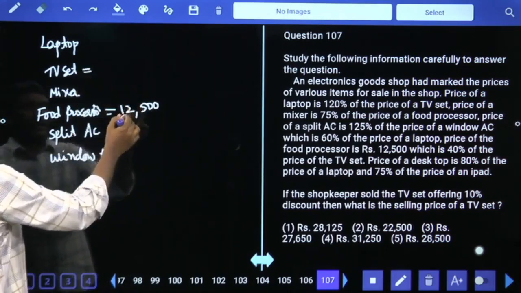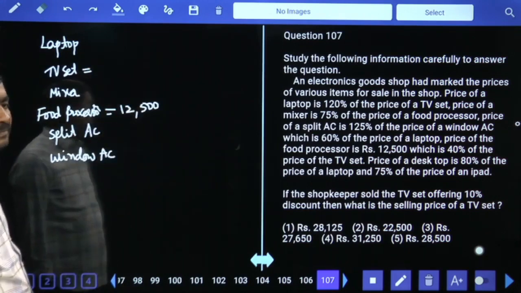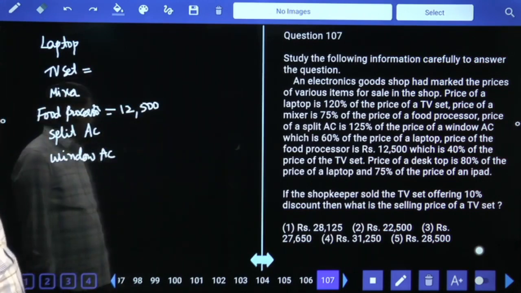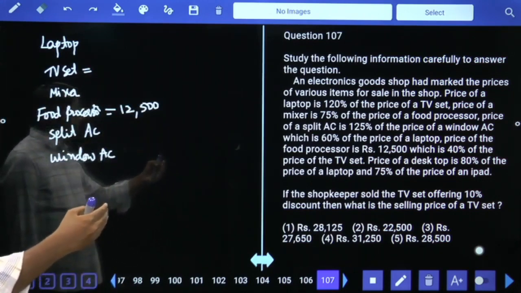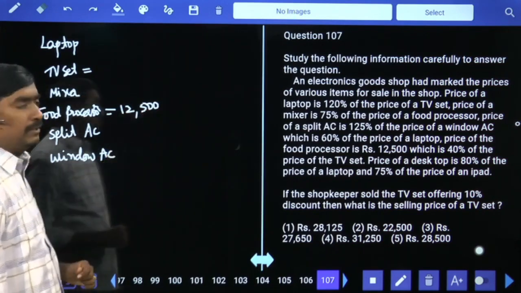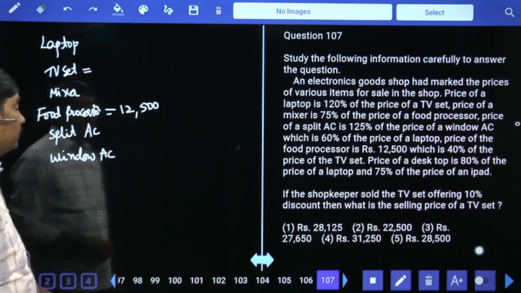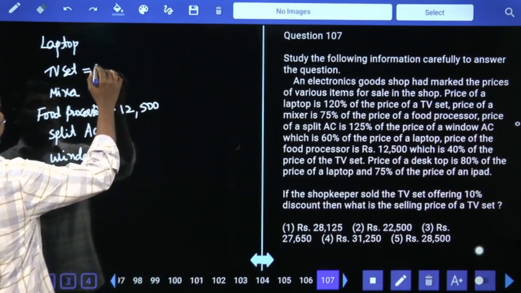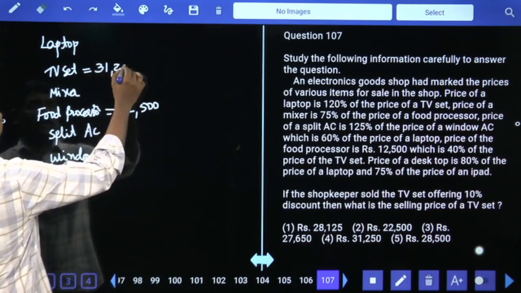So this 40% value is 12,500, then TV set is 100%. So 40% plus 40% plus 20%: 12,500 plus 12,500, 25,000 plus 6,250 means 31,250.